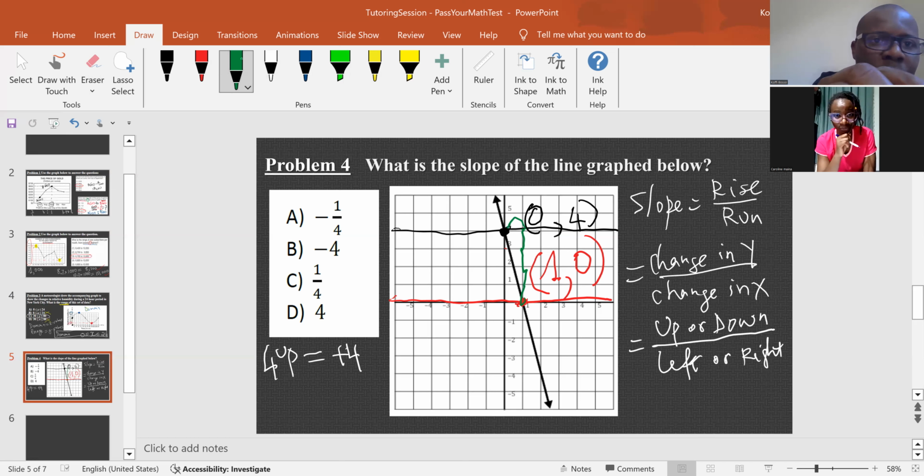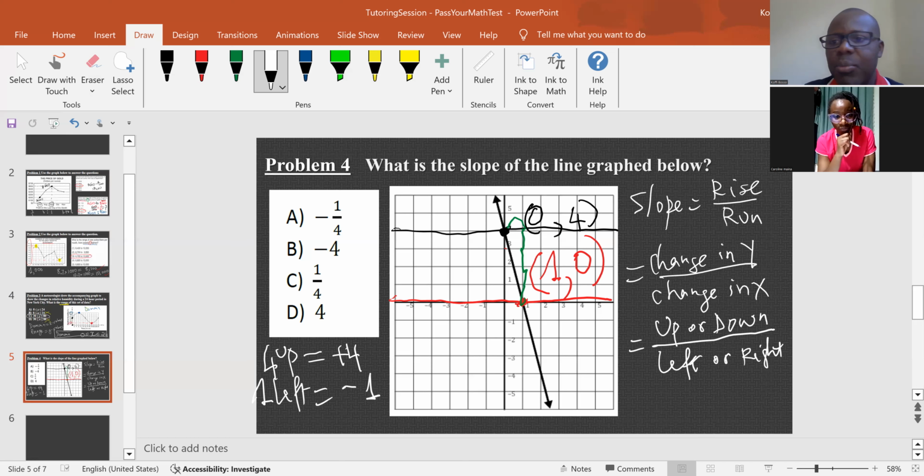Because it's only 1 unit to the left, that means -1. Because we move left, it has to be negative. If it's to the right, it's going to be positive. Up, positive, down, negative. Okay, so now using the slope rise over run, our slope here will be +4 divided by -1.